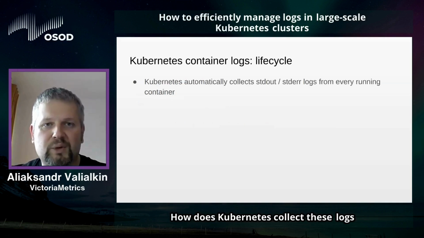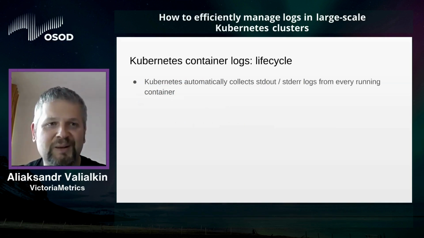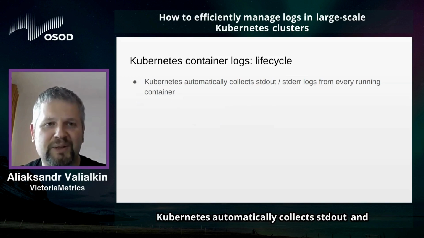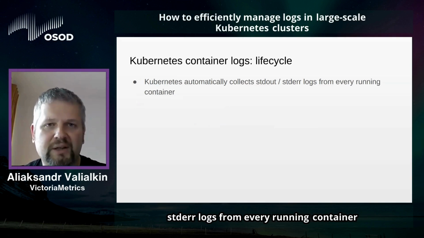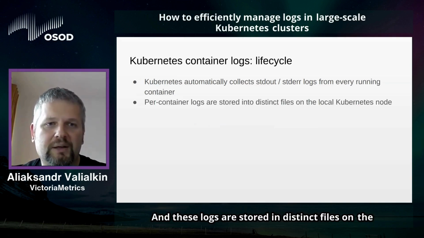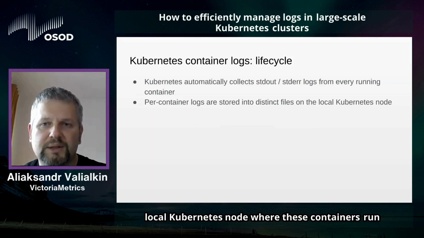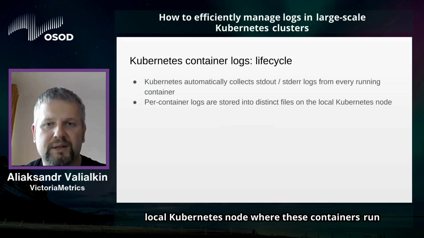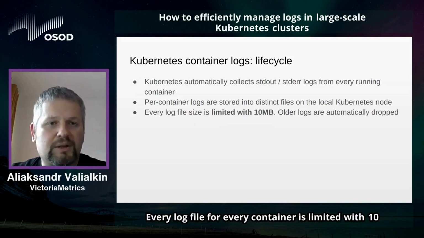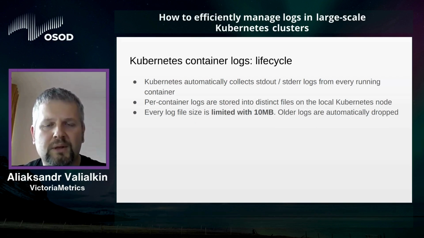How does Kubernetes collect these logs? Kubernetes automatically collects stdout and stderr logs from every running container. And these logs are stored in distinct files on the local Kubernetes node where these containers run. Every log file for every container is limited to 10 megabytes by default.